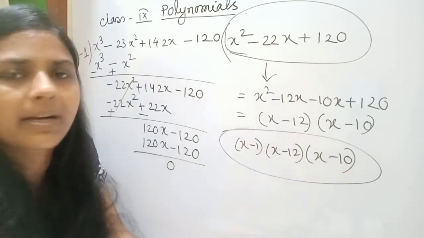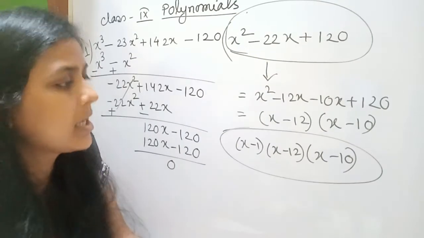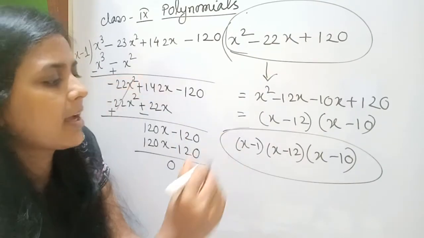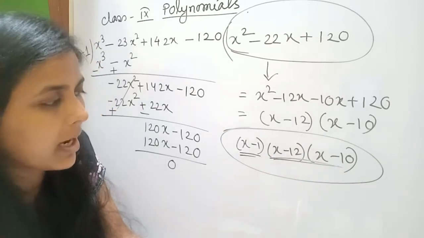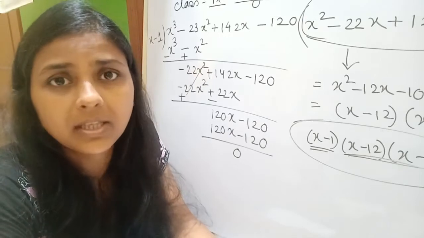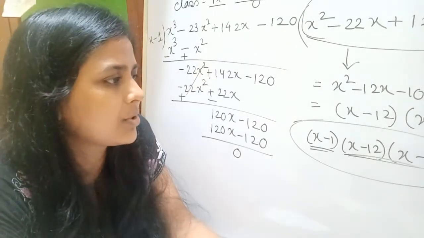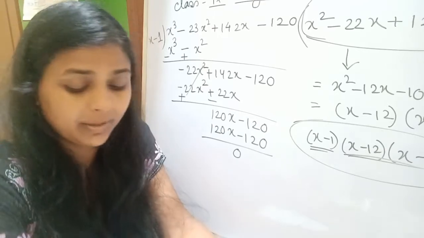This is the final factorization, because two factors we have got from the quotient and one factor is the divisor itself. So ultimately the given polynomial can be factorized in these two ways. You can choose any one of them, whatever you are comfortable with, no problem with that.